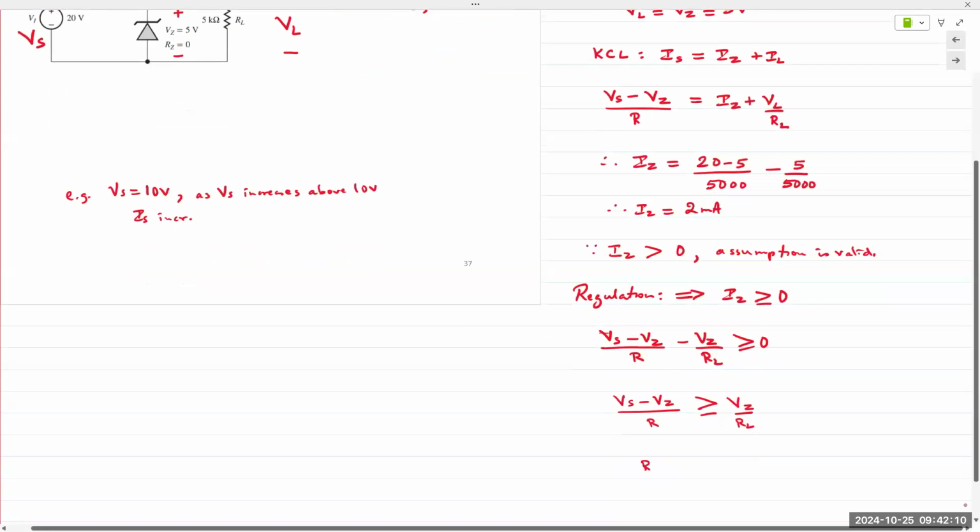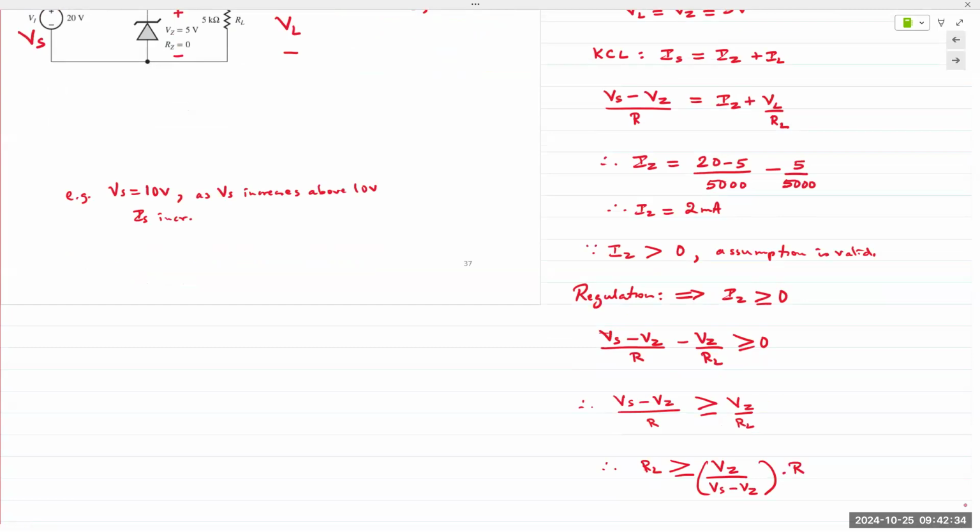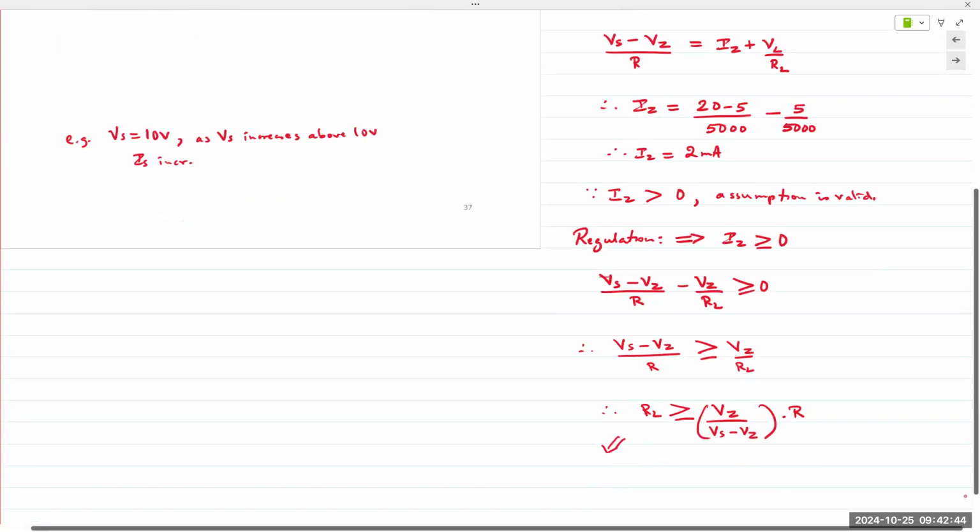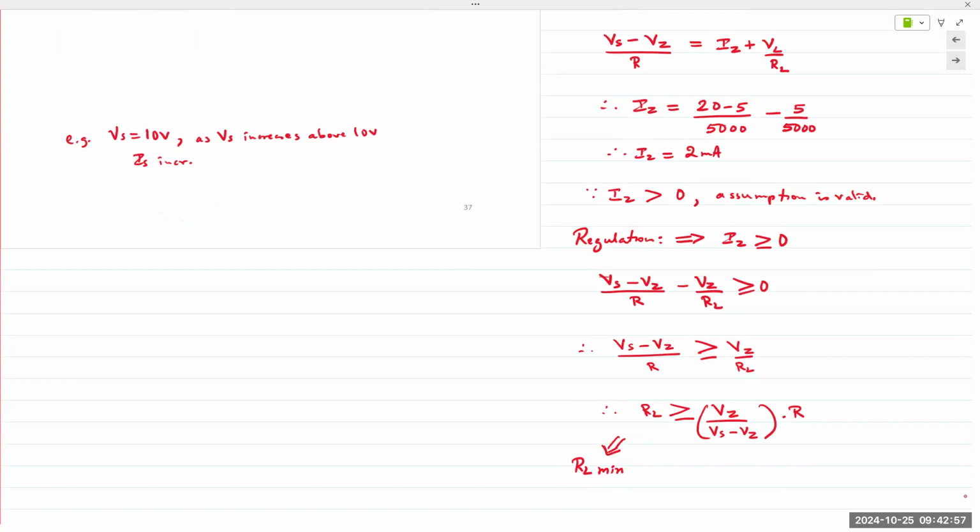And we can take RL to the other side and find that RL must be greater than or equal to Vz over (Vs minus Vz) times the series resistor R. So in order for the Zener diode to turn on, the load resistor must have a minimum value as given by this equation. This would be known as the RL minimum.